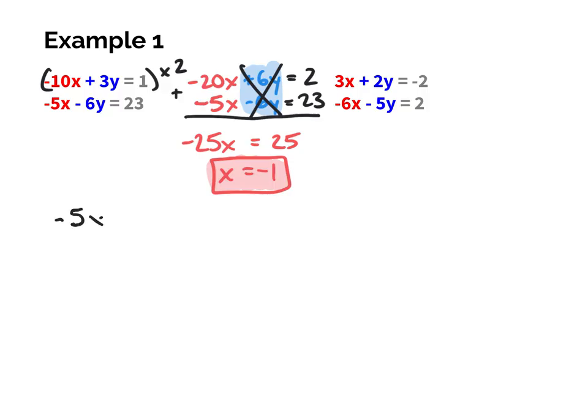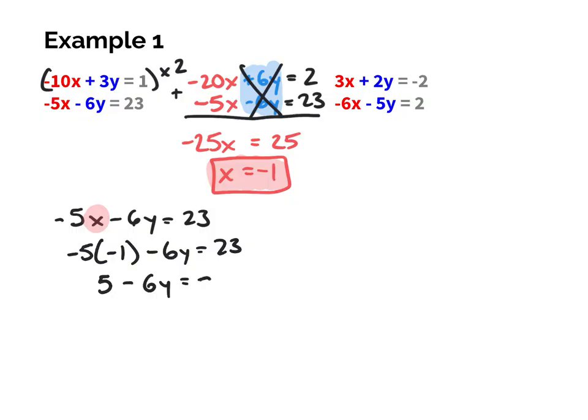So I have negative 5x minus 6y equals 23. I'm going to plug negative 1 in here for x. So I'll do negative 5, and then instead of x, I'll do times negative 1, and then minus 6y equals 23. Simplifying this, negative 5 times negative 1 would give me positive 5, minus 6y equals 23.